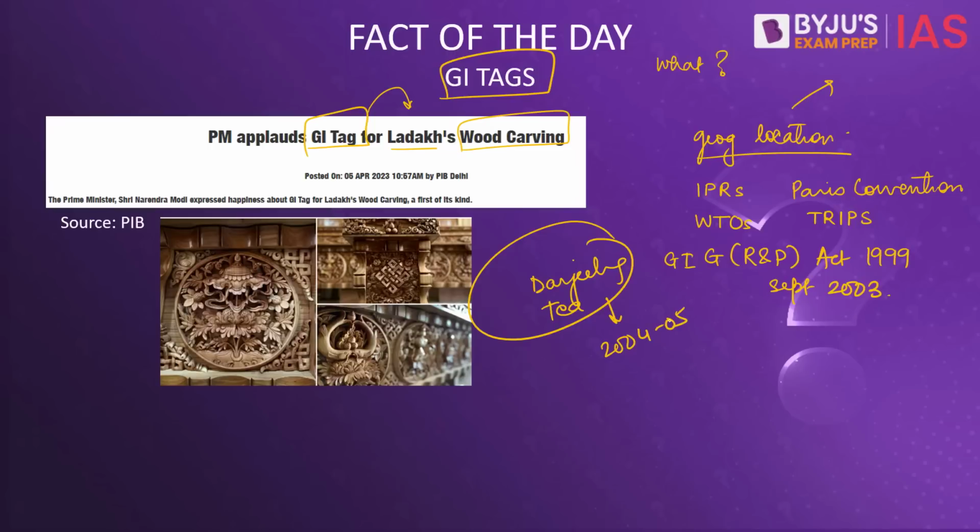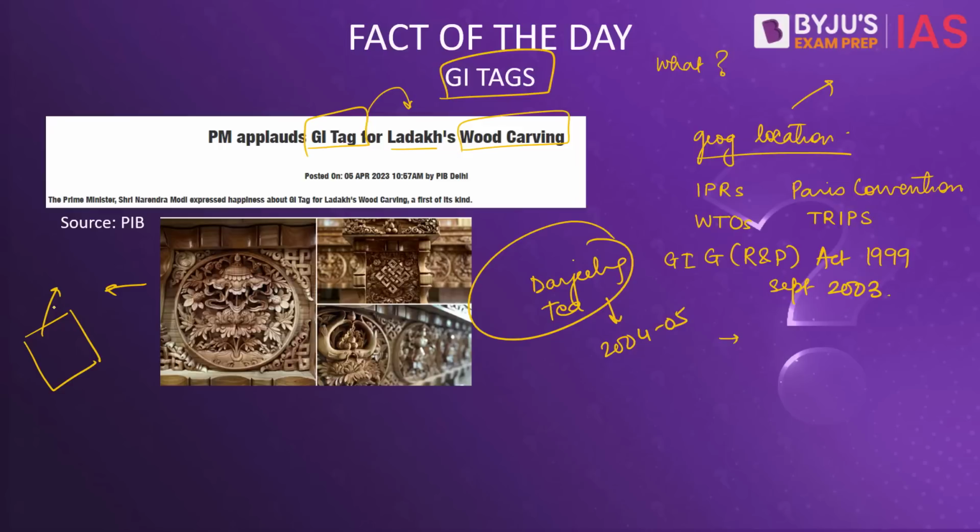Now why is this so important? What are the benefits of these tags? If any particular product has this tag, then it prevents any kind of unauthorized use of these tags or products by others. For example, because Ladakh wood carving has this tag, any person sitting in any other part of the country cannot claim that they have produced Ladakh wood carving products.